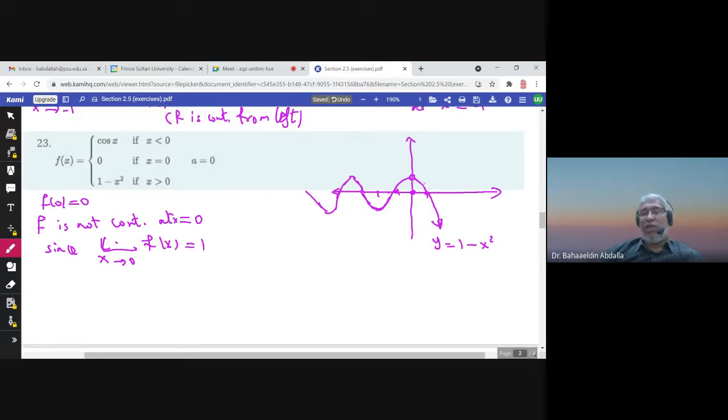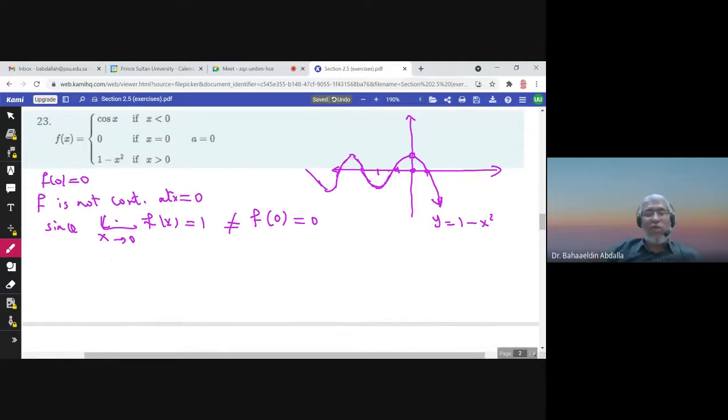It's clear that the limit when x approaches 0 from the right or from the left is 1. If you find it also from the formulas, cosine 0 is 1, 1 minus 0 is 1. But this is not equal to f of 0, which is 0. And that's why f is not continuous at x equals 0. Of course, you can find the limit not only from the graph, but from the definition here.